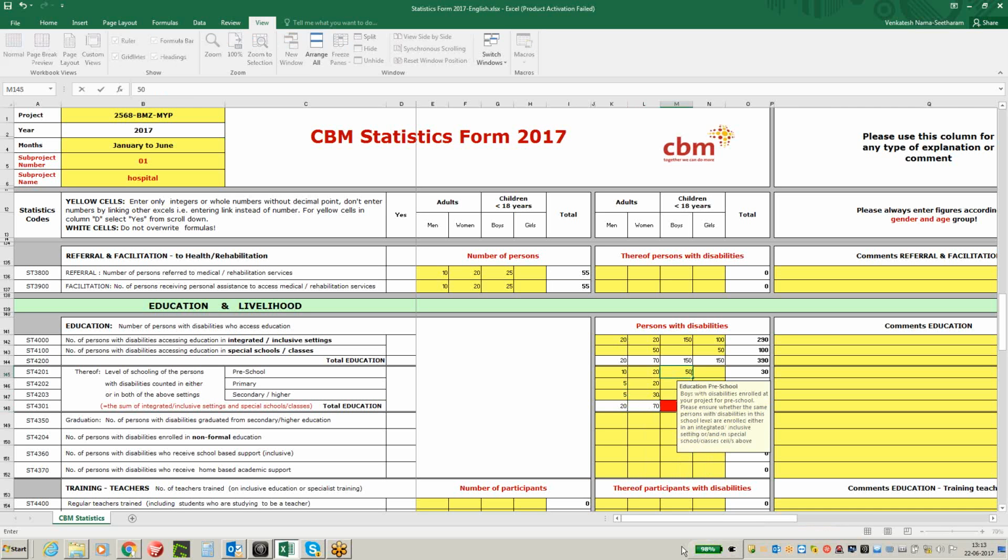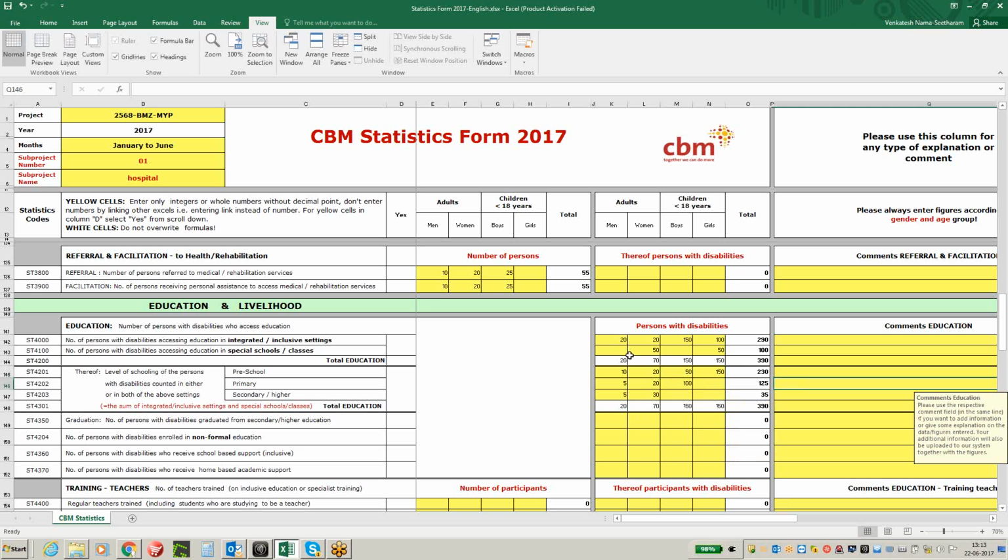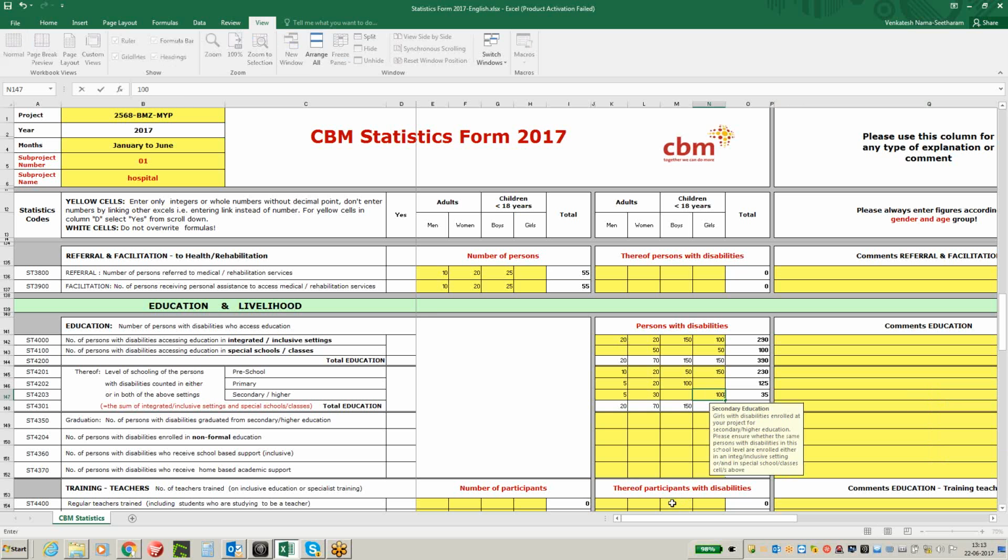So if it doesn't match, or it might be okay. If everything is entered properly, you don't see any red cell. Just for example, if you say the total of people who are in primary, secondary, and preschool is 490, but here on the top you say only 390, then there is some problem.